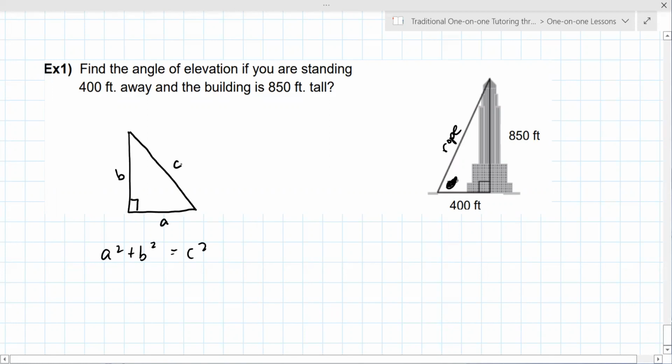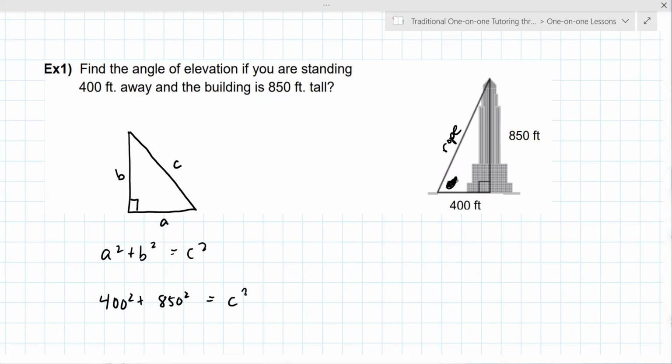So in your picture over here to the right is 400 and 850. Which of the three letters are those two values? A and B. A and B, very good. So it's like this: 400 squared plus 850 squared equals C squared. Do you have a calculator handy? No. Any chance you can grab one?